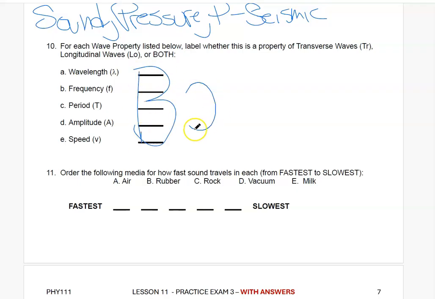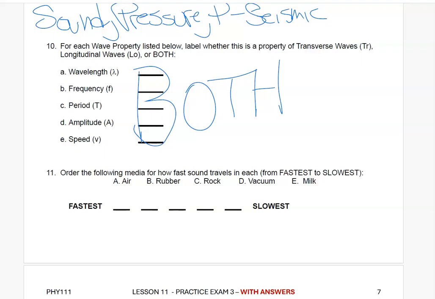They're all both. And the last question on this page says, order the media for how fast sound travels in each, from fastest to slowest. And we have 5 substances that sound might travel through: air, rubber, rock, vacuum, and milk.